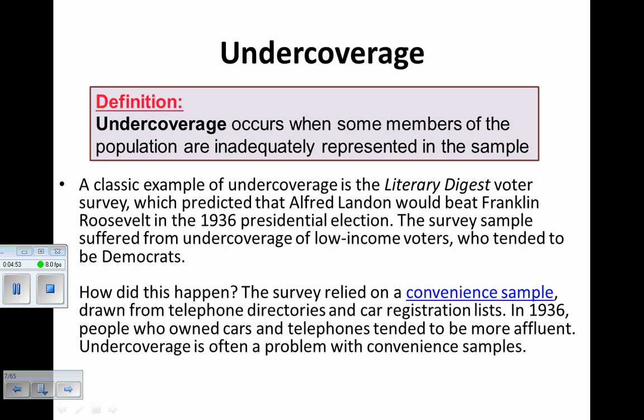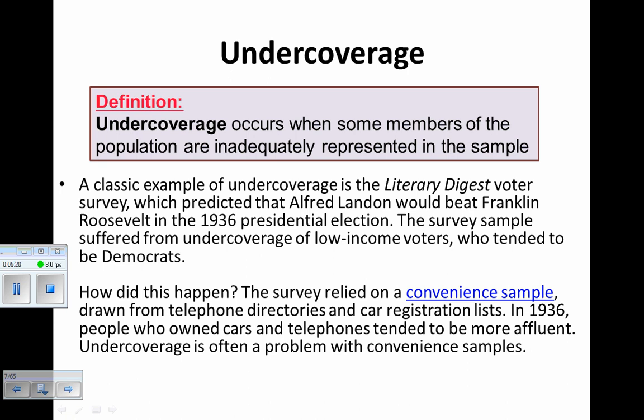So they went and sampled, but they didn't include all the really low income. So maybe all of the low income were out working and they only got to sample people who were higher income. And so those tended to be more Democrats. So that definitely threw off the survey that they took.